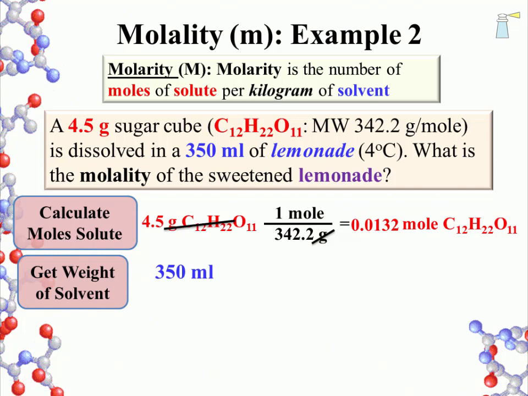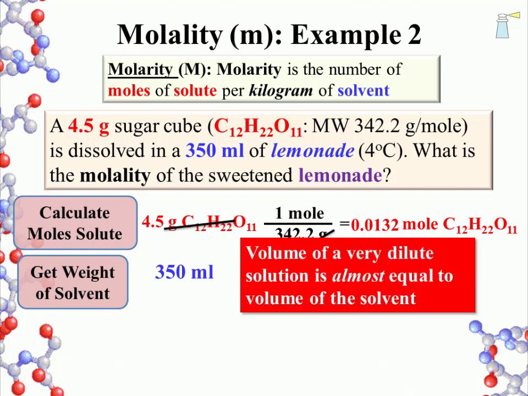Is there a convenient volume to mass conversion for lemonade? Not really. But lemonade is mostly water, and the other component, lemon juice, is also mostly water.